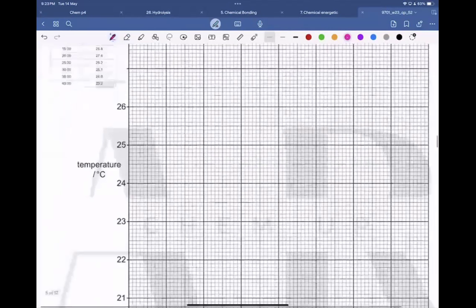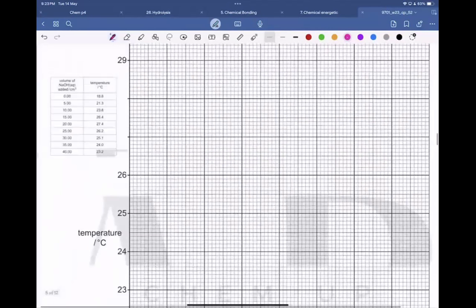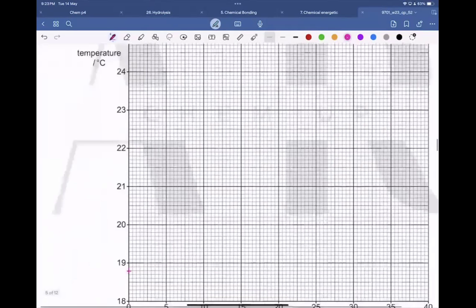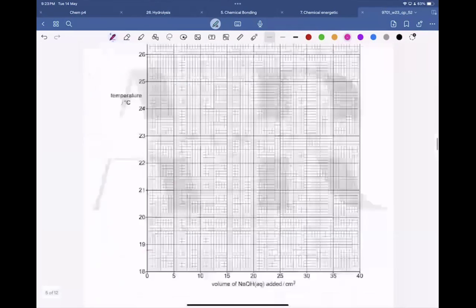Then at 5, it's 21.3. So 21.3 is this point. Then at 10, it's 23.8. So 23.8 is this point, right?